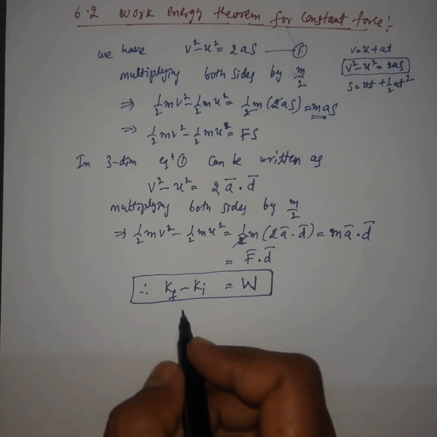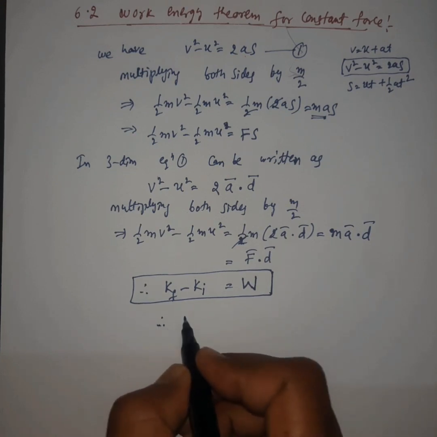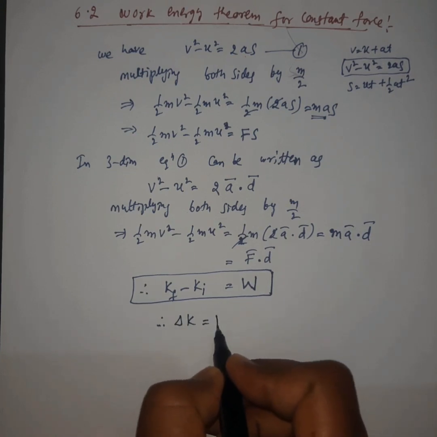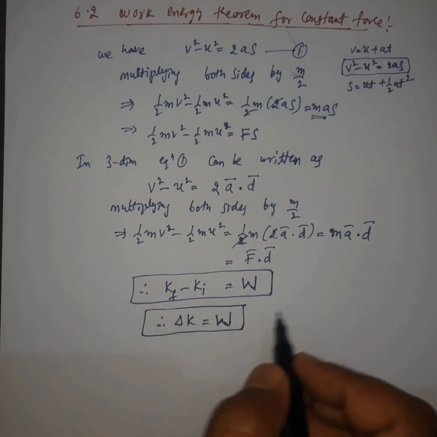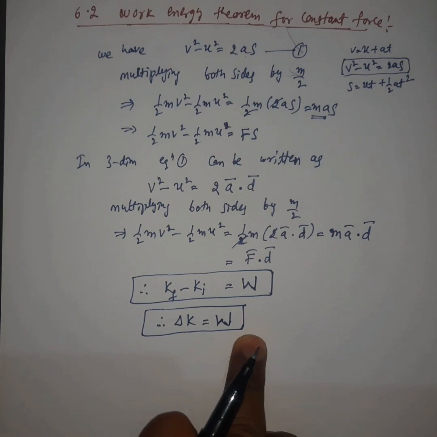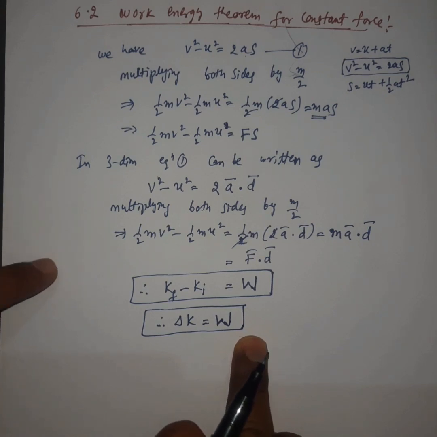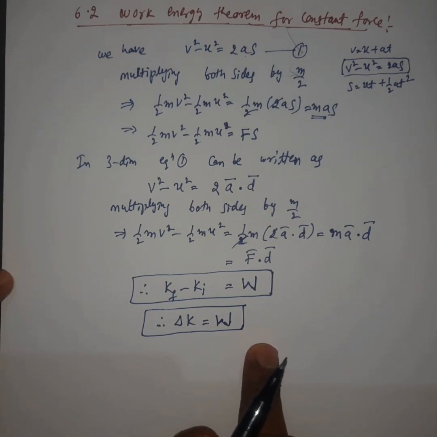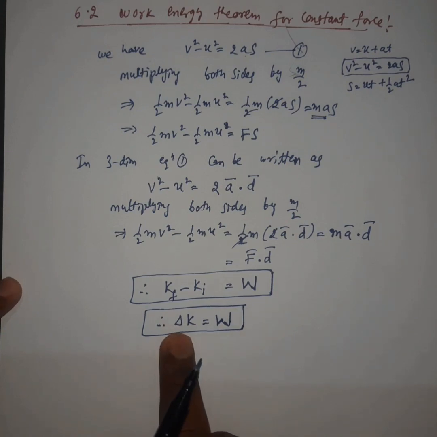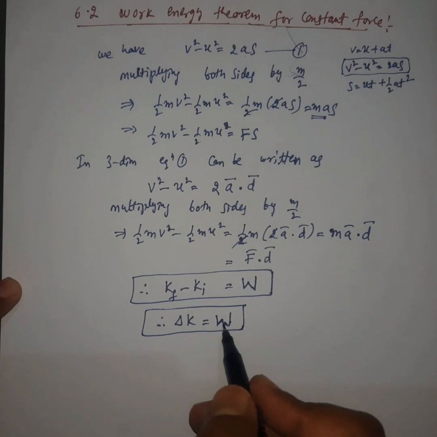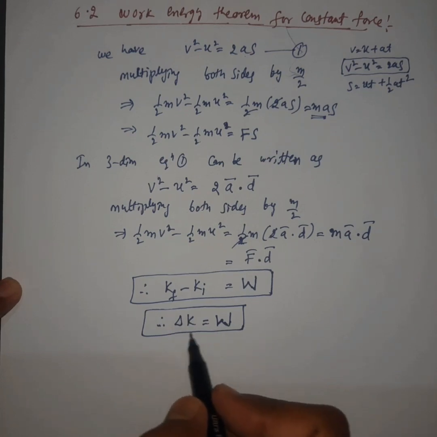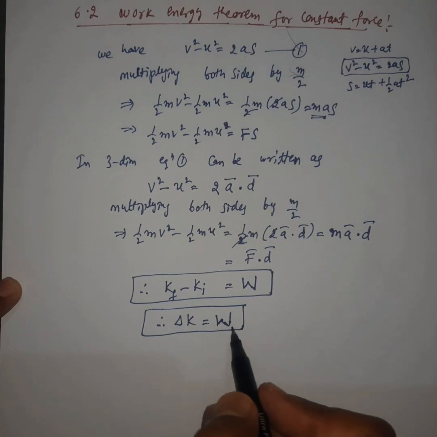This is known as the work energy theorem for constant force. So finally, the change in kinetic energy of a particle is equal to the work done on it by the net force.